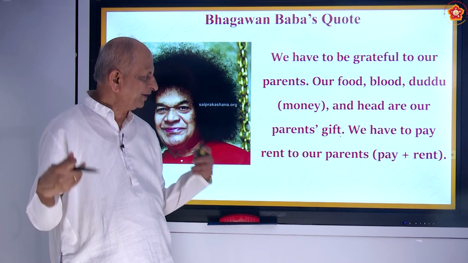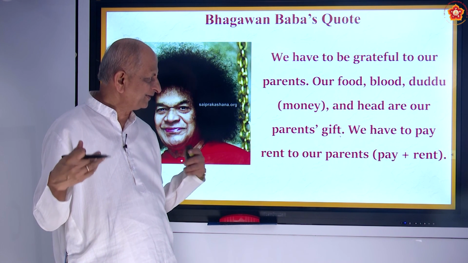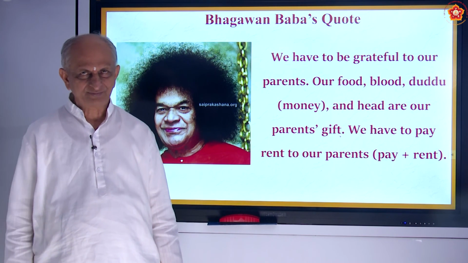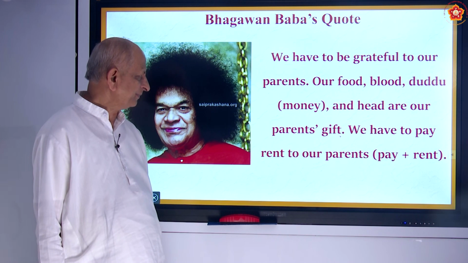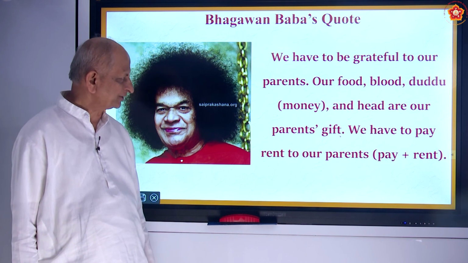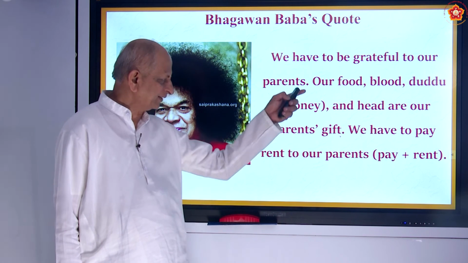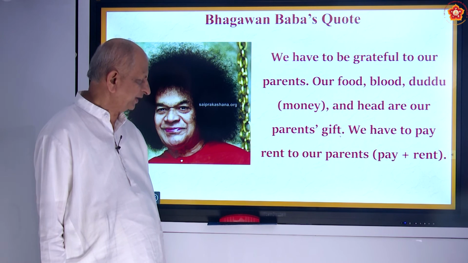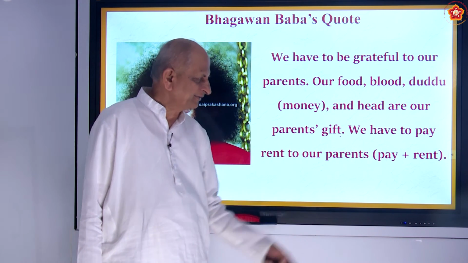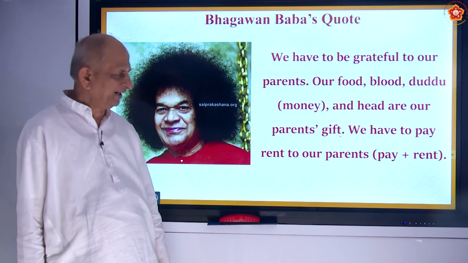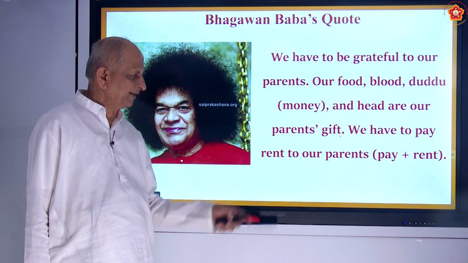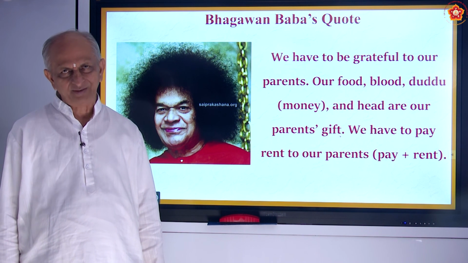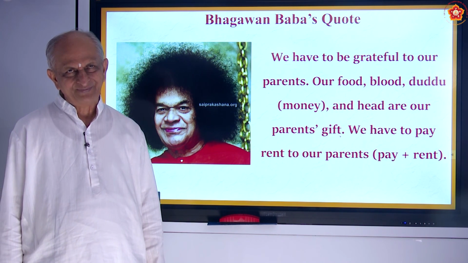Blood means our body, blood is made only from parents, and dud means money is given by father. He earns the money and gives for our education, clothes, etc. Food means our mother. She prepares a lot of food and serves us with all love and care. Head means intelligence. That is also the parents' gift, correct? So we have to look after our parents when they become old and when they are not feeling well. We will do it. Okay.